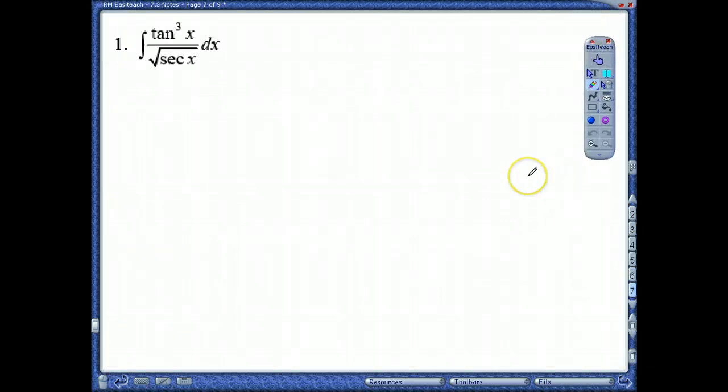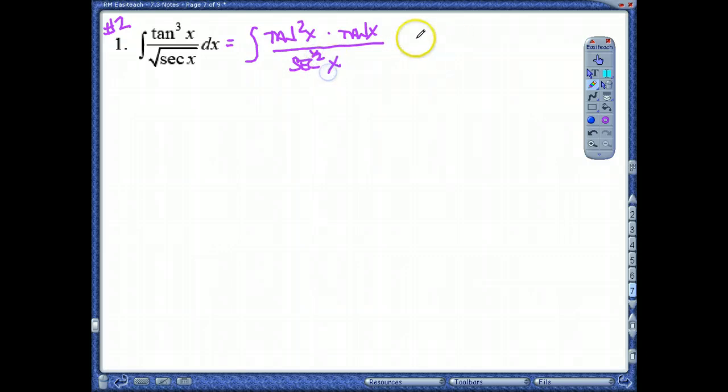So looking at number 1 here, I got a little more creative, so you couldn't just do case number 1. Try to figure out which of the following cases we have. Okay, this turns out to be number 2. I have a lot of tangents, so I'm going to pull one off. Now you'll notice in step 2 it says I need a secant as well. Oopsie, secant to the 1/2 x.